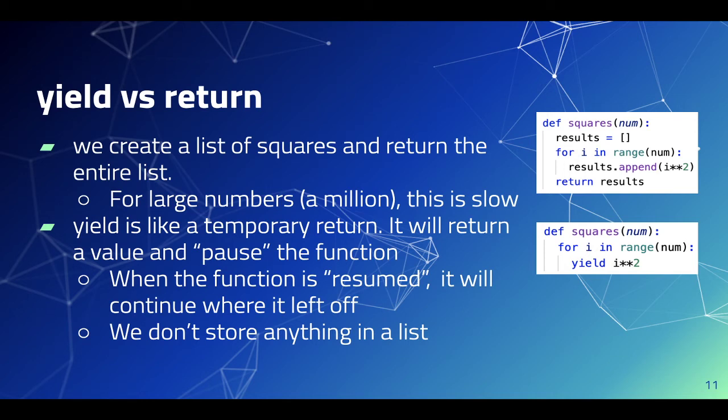So whenever we get to the yield statement, Python would basically return that value to where it originated from. And then whenever a special function called next, which I'll talk about in a minute, is called on this generator, it would look for the next value. So let's take a look at that.